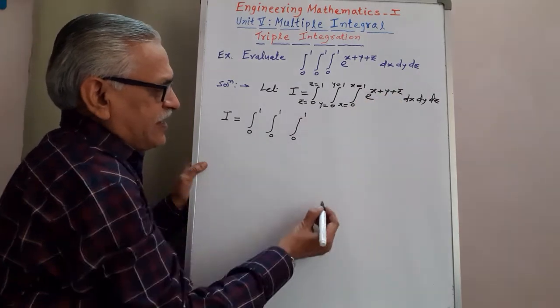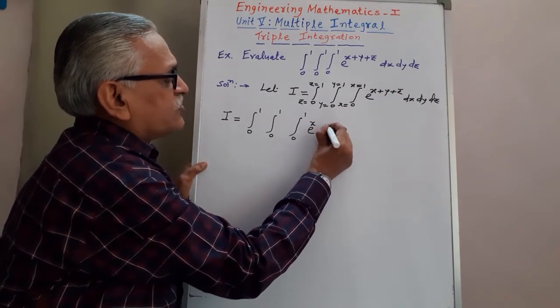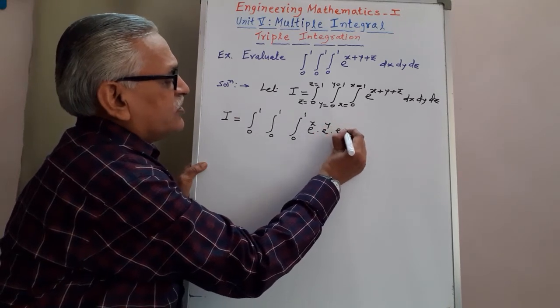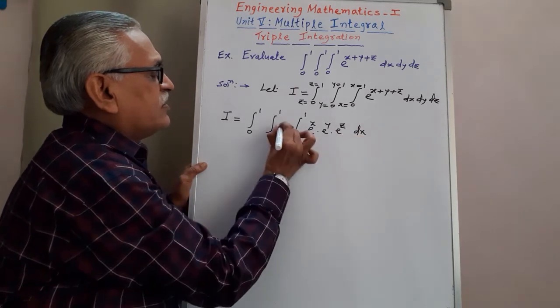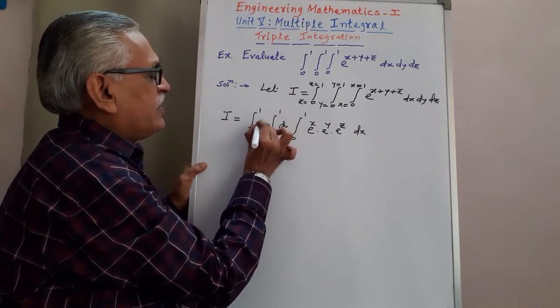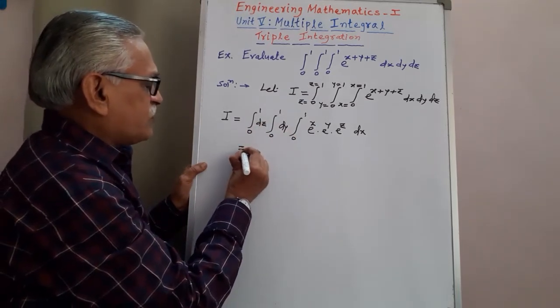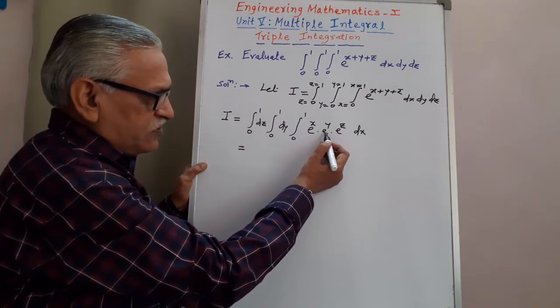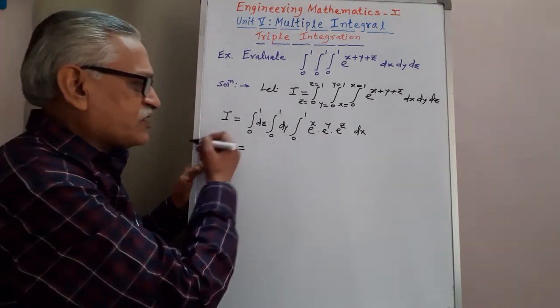We split this as e raised to x into e raised to y into e raised to z with respect to x, with respect to y, and then with respect to z. And therefore, with respect to x, e raised to y and e raised to z are constant terms. I will take them outside.